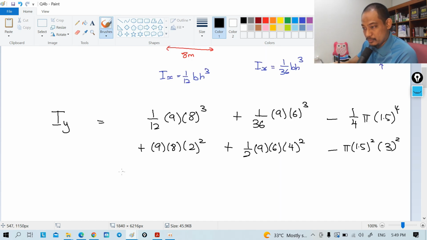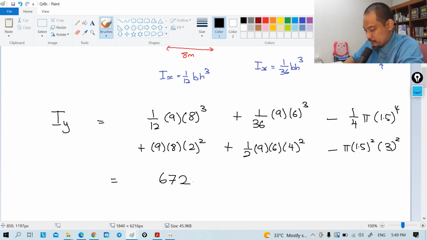Okay, so calculating, let's calculate portion by portion. So 1/12 times 9 times 8 power of 3 plus 9 times 8 times 2 square. So this portion is 672.